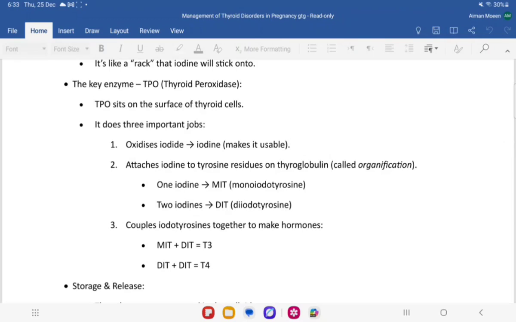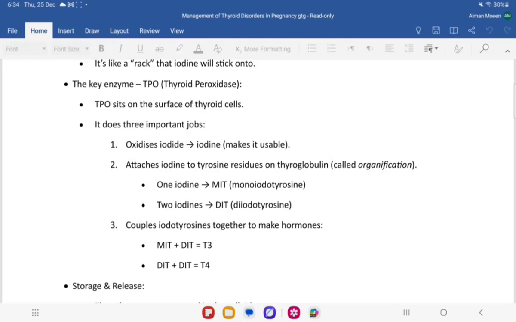But who will help combine these two things, that is, attaching the iodine to the thyroglobulin? This is a key enzyme, the thyroid peroxidase. Thyroid peroxidase will do three important jobs. It will oxidize the iodide to make it iodine, so it is usable.